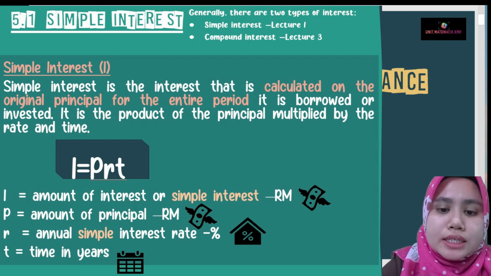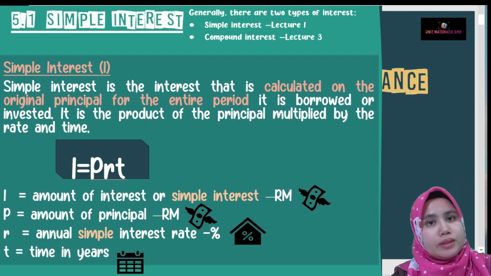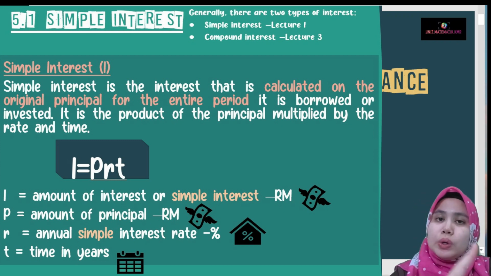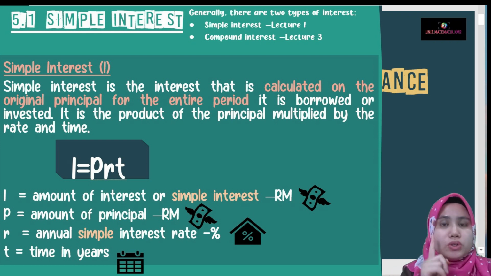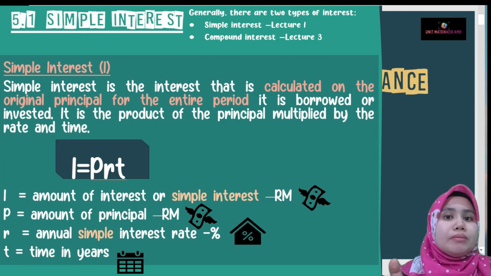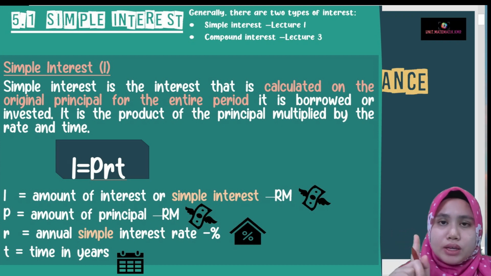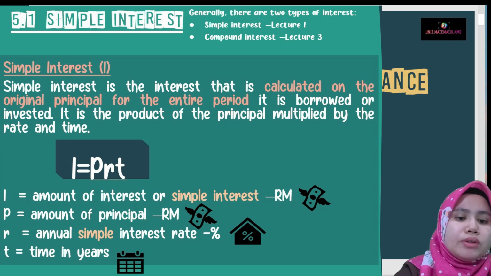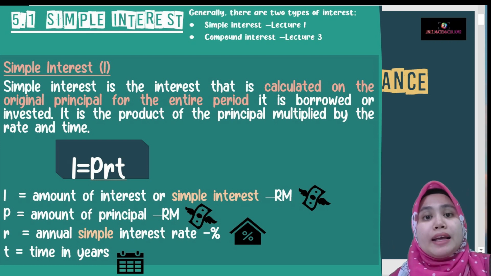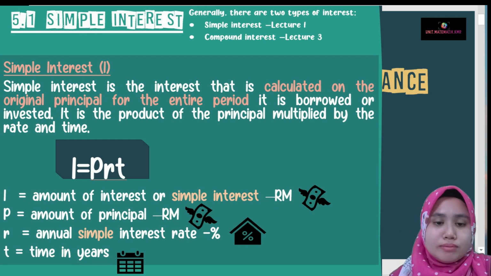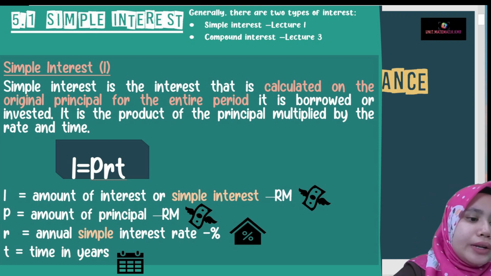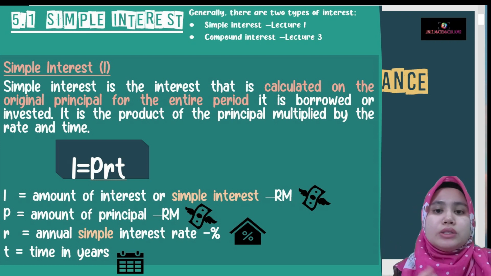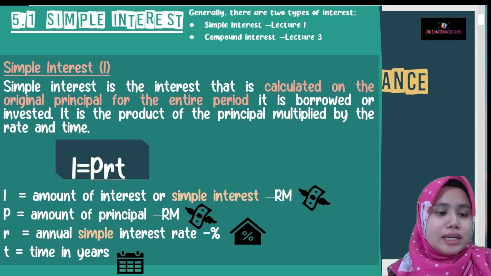Your unit is RM. Units are very important in mathematics, so don't be confused. I is in RM, not percent. Next, P is the amount of principal, which also comes with the RM unit. Another one is small r, which I already told you about at the beginning of this lecture.